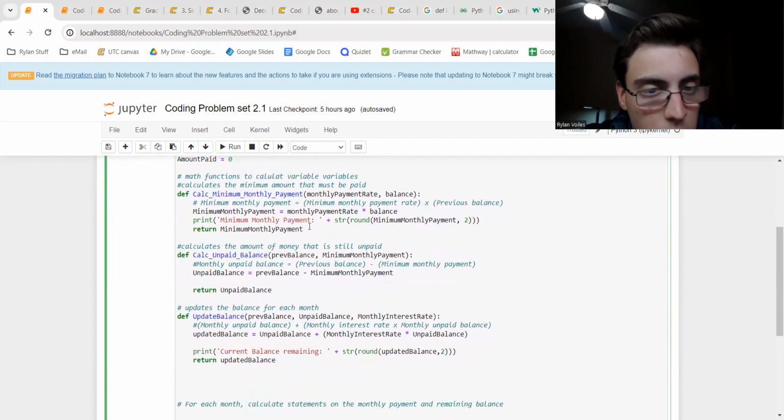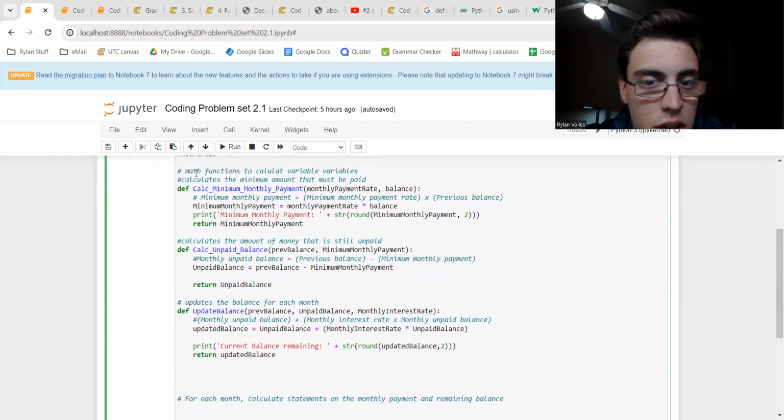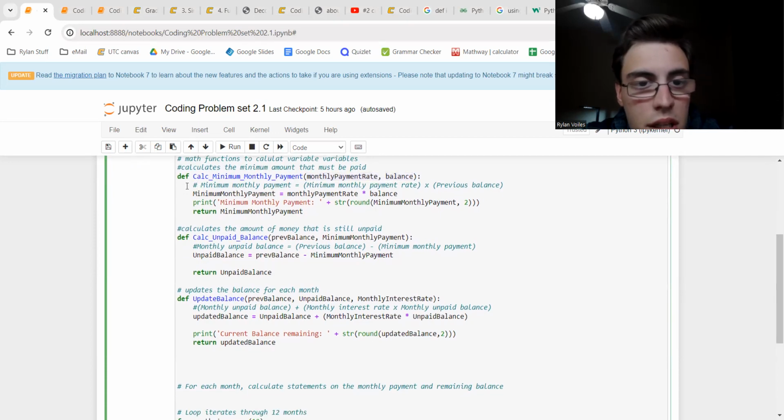Next we have the functions that are used. Our first function calculates the minimum amount that must be paid, with the interest and all that. So I have it named calc minimum monthly payment with these variables. Down here, you'll see that it does the math highlighted in the comment.